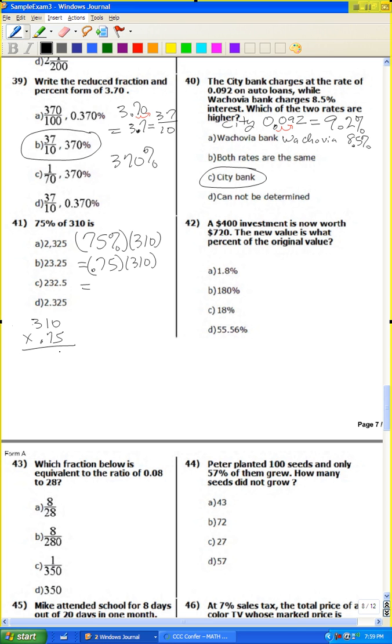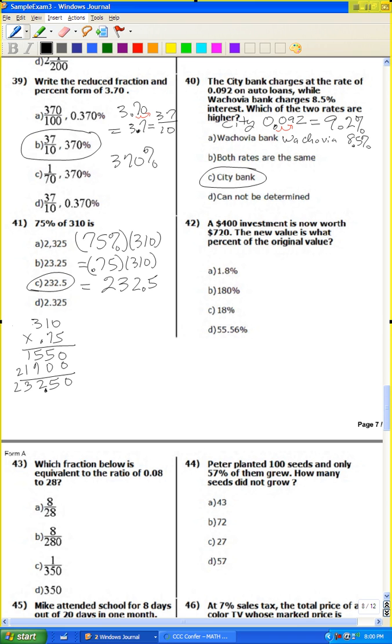So I multiply 0, 5, 15, 0, 7, 21, 0, 5, 12, carry the 1, 3, 2. There are 2 decimals. And so 232.5. C.